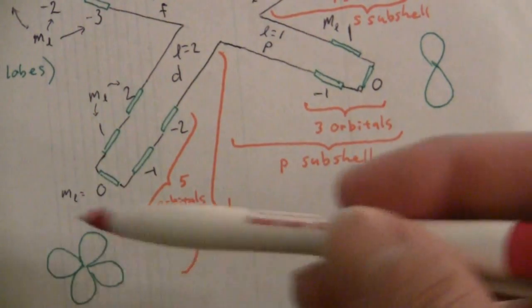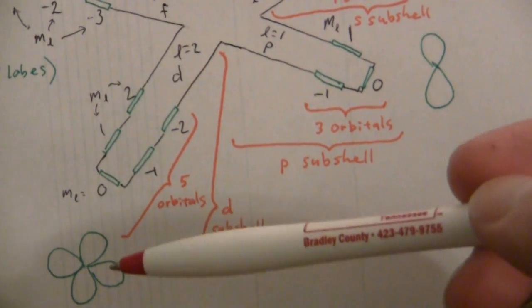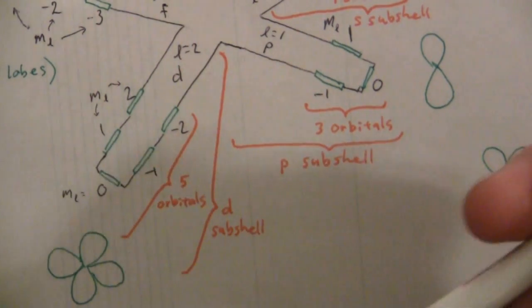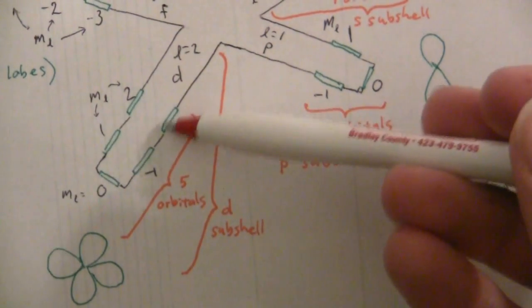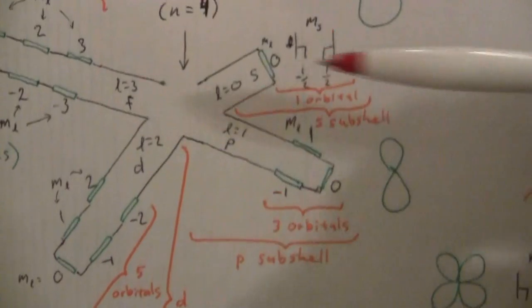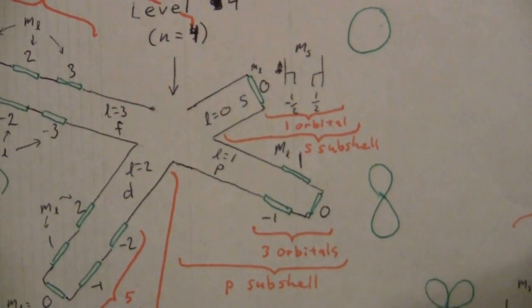Each one has 4 lobes, and it contains 2 electrons. And there are 5 different possible orientations for the d orbitals, 3 possible orientations for the p, only 1 orientation for the spherical s orbital.